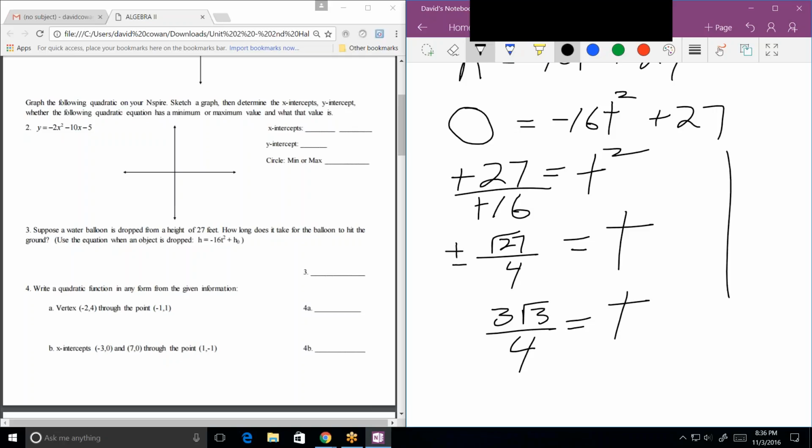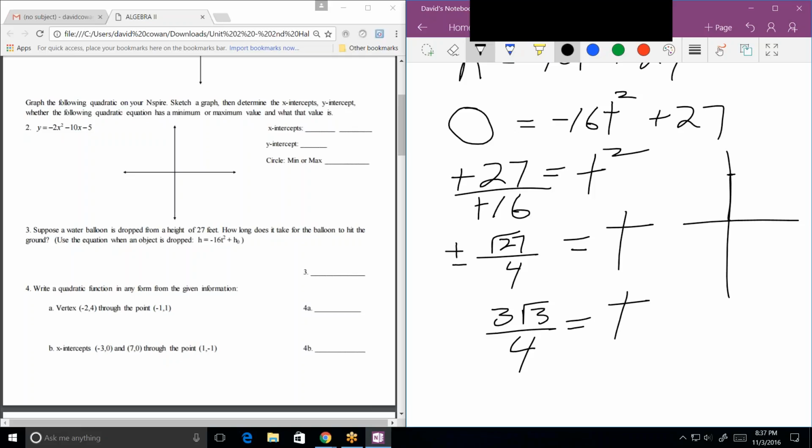But think of the appearance of this gravity. Hold on, let me draw this so that you'll understand why we get a positive and a negative time. The balloon is dropped from 27 feet, so it drops straight down like that.